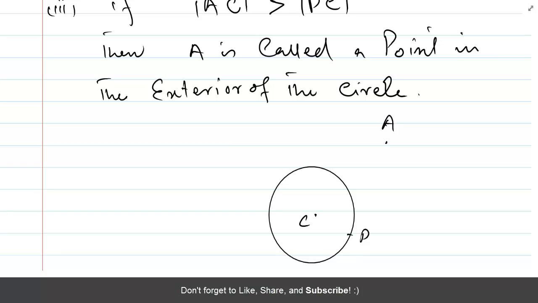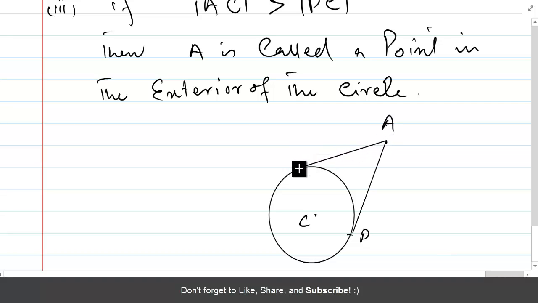Then in that case, the tangent that we can draw from A is this. And this is not the only tangent we can draw. In fact, there will be another tangent that we can draw from the same point, and that should meet the circle on this side.